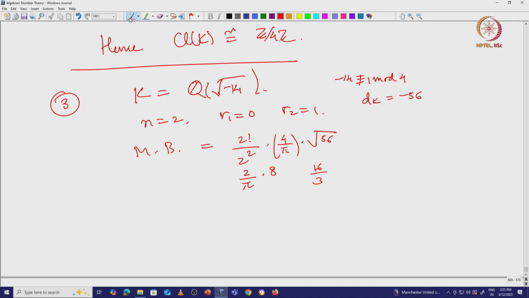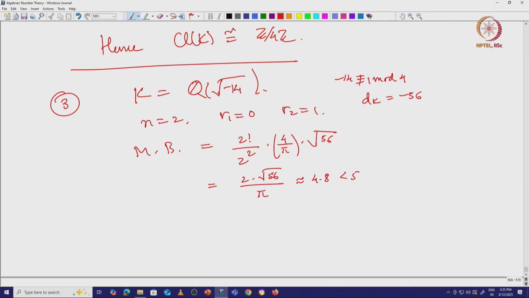Usually these crude estimates are enough, but I think we can do better this time. So let me keep it as it is: 2 times the square root of 56 by pi, and this turns out to be roughly 4.8, which is less than 5.